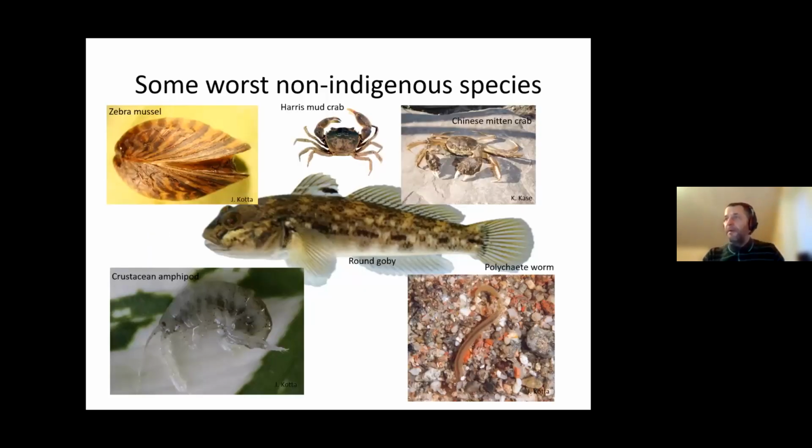And here are some of the worst animals, which don't look very awful when you look at them on screen, but some of them, essentially the round goby, which is in the center, have caused major troubles in the Baltic, both for humans in terms of fish catches. It's dominating there.